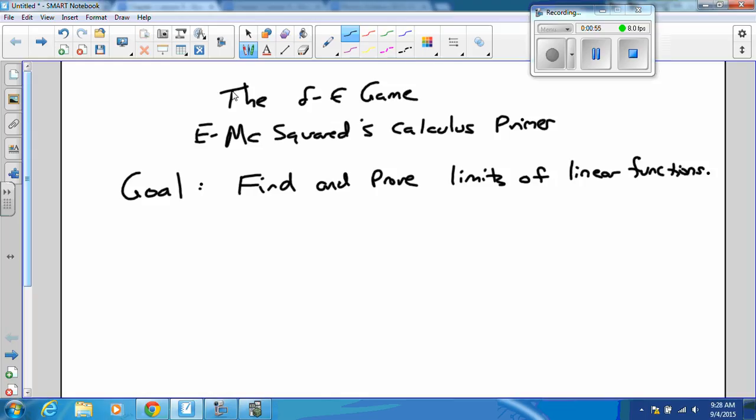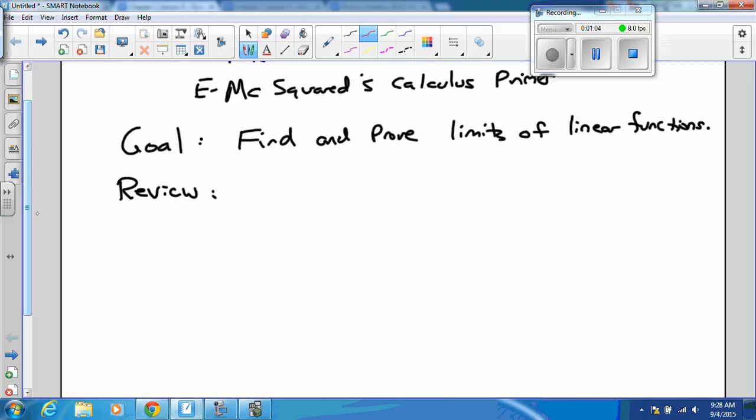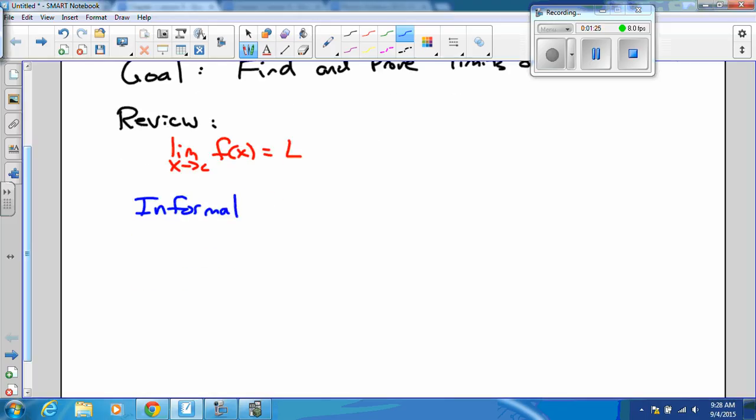So I'm going to begin by a little bit of review, and then we'll get right to it. So far, what we've done is to define the limit statement in an informal and a formal manner.